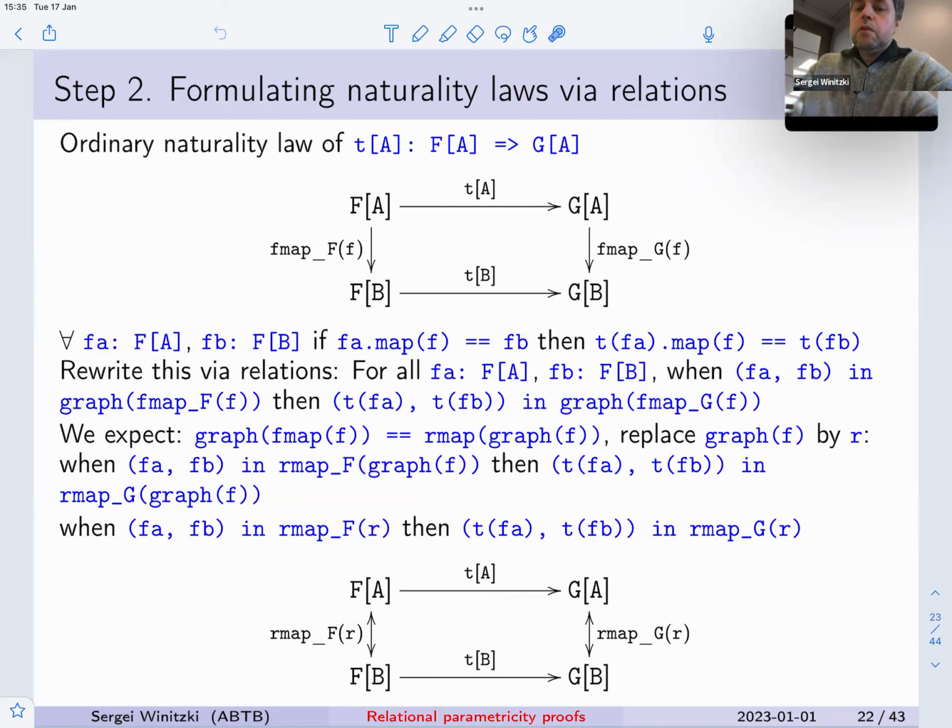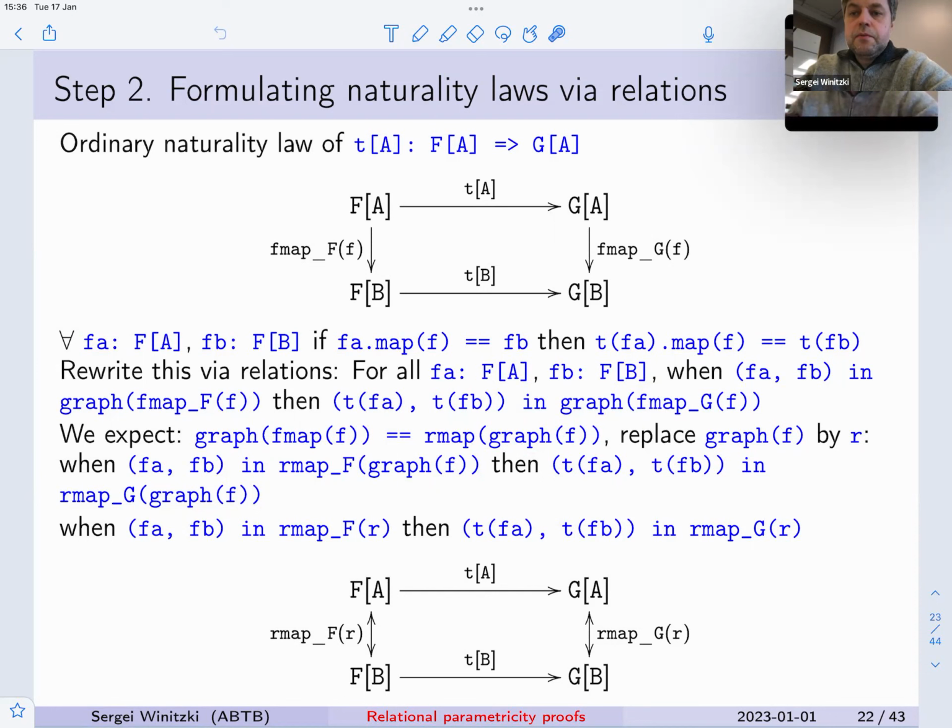Now, we will also expect that when you lift a function and you take the graph relation of that, it's the same as when you first take a graph relation and then you lift with the relational lifting operation. Right? So now we expect that this is true. This needs to be proved, and we can prove that.